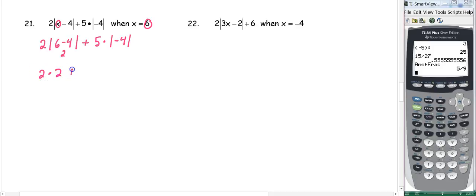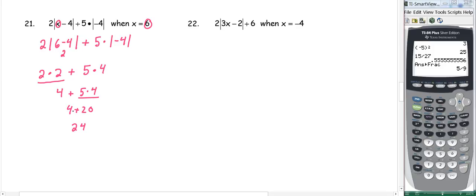So 2 times 2 plus 5 times the absolute value of negative 4, which is 4. Then I'm going to do my multiplication first on the left. So 2 times 2 is 4, plus 5 times 4. Do my other multiplication that was on the right. So 5 times 4 is 20. So 4 plus 20 simplifies to 24.